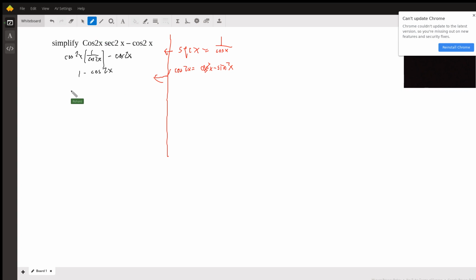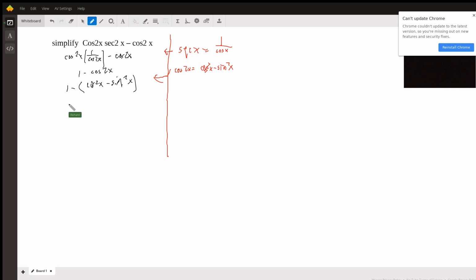So we'll do substitution, subbing this in: 1 minus bracket cosine squared x minus sine squared x. Okay, now let's distribute the negative.